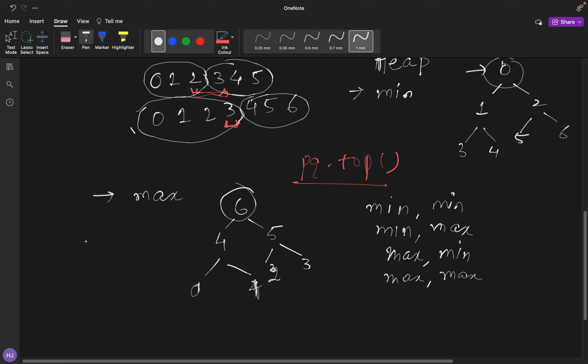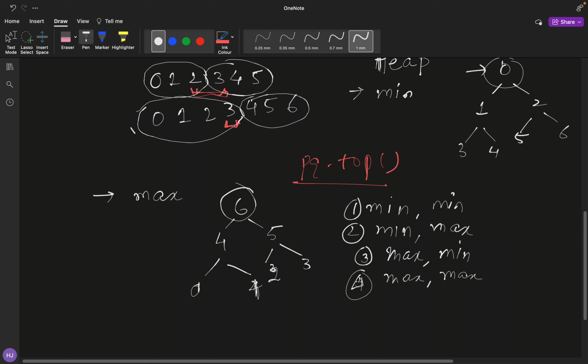Suppose I divide it into two parts, and I try to get my middle values on top so that I can find my median in O(1) time. So let's explore all of these 4 options.